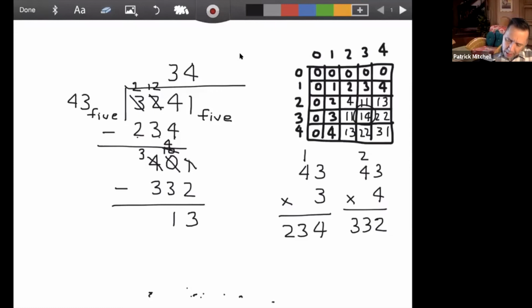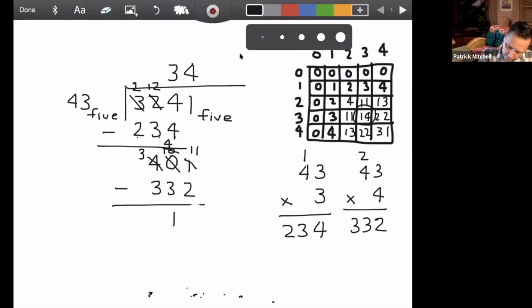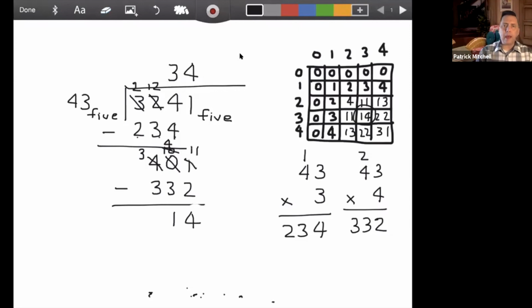I already had 1 here, so I shouldn't have turned that into a 10. I should have turned it into 1-1. This is 1-1, which means this is a 4. Okay. All right. So the quotient is 3-4, and the remainder is 1-4.